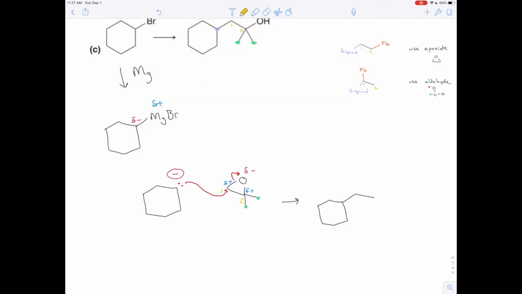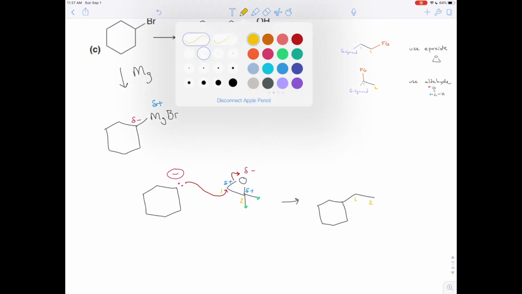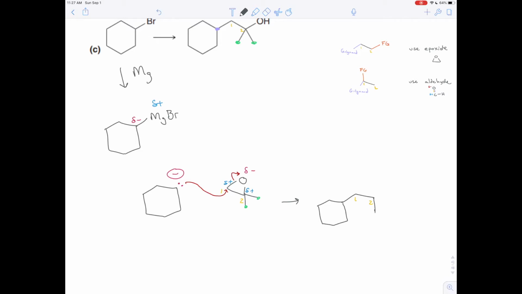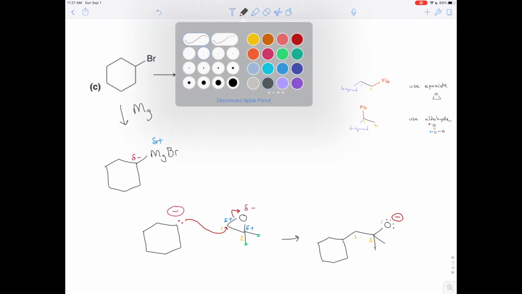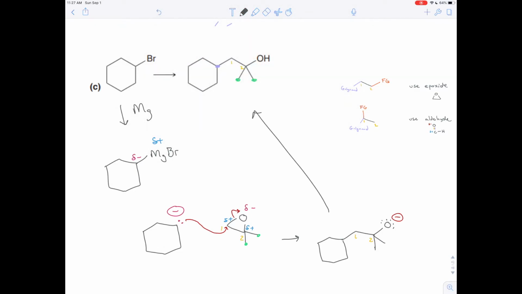so these are our 2 carbons. Carbon number 2 has the 2 methyl groups, and now the oxygen got pushed there. It has a full negative charge, and there is where we're at. Now that's pretty close to what we want. We just want the oxygen to have a hydrogen on it, so we can react that with some water.